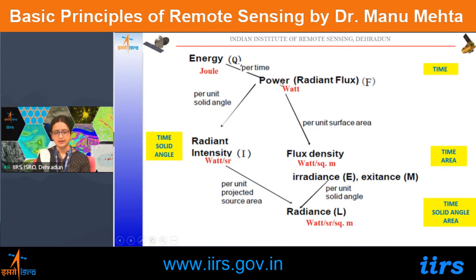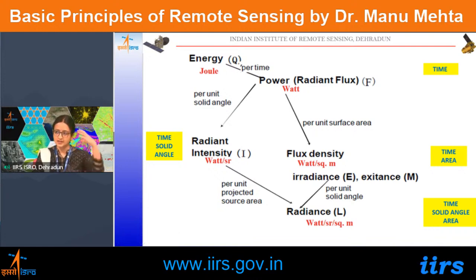Now here we have added the information on time to energy. Now if I further want to know at what area this energy per unit time is hitting or from which area it is coming out, we can further differentiate this flux with respect to the surface area, and we call it flux density. This is the rate of change of radiant flux with respect to surface area.